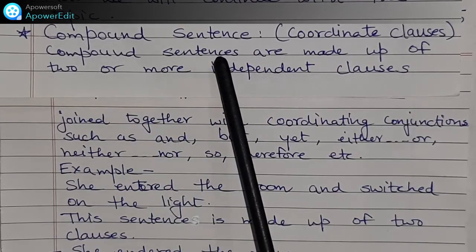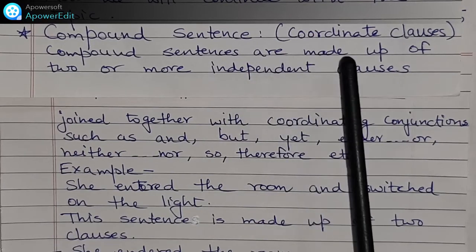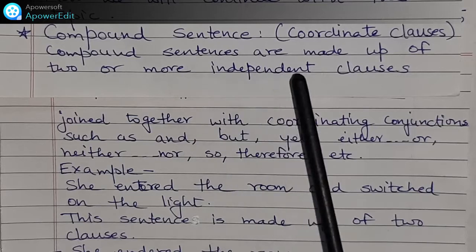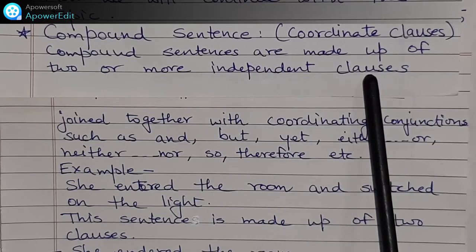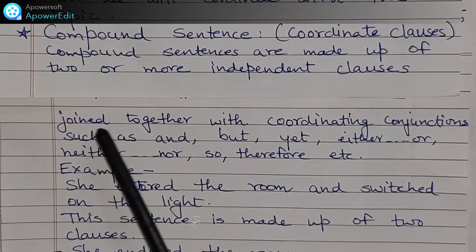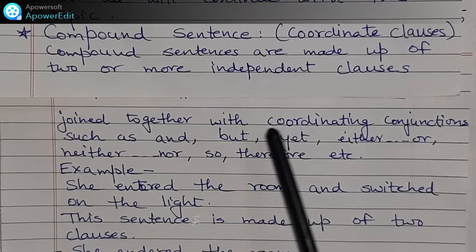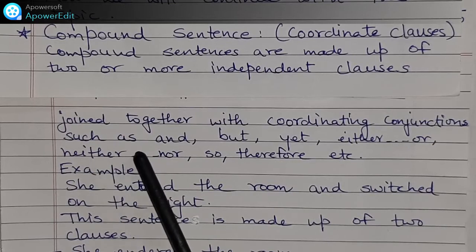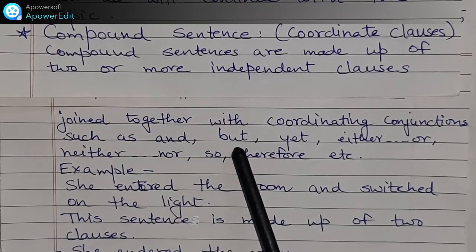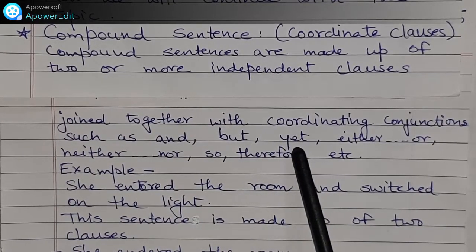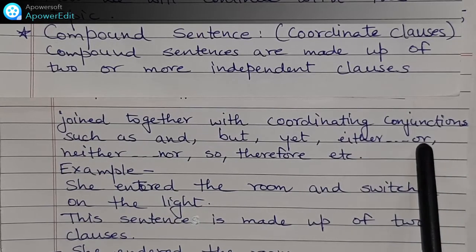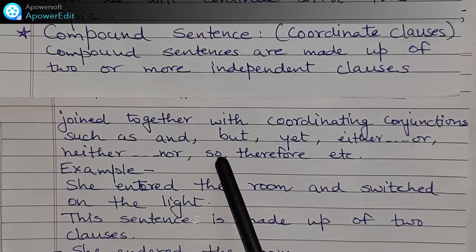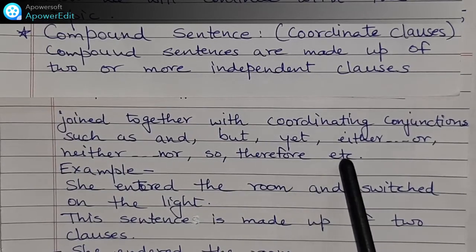Compound sentences are made up of 2 or more independent clauses joined together with coordinating conjunctions such as and, but, yet, either, or, neither, nor, so, therefore, etc.